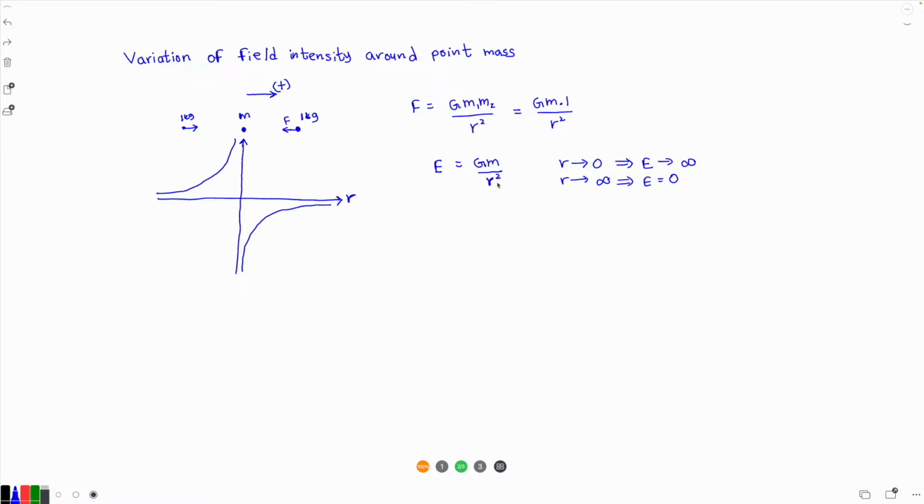It is not linear. When something varies with a square term, it is always a curve. So I can draw the graph of the variation of field intensity around a point mass. This is the graph of that.